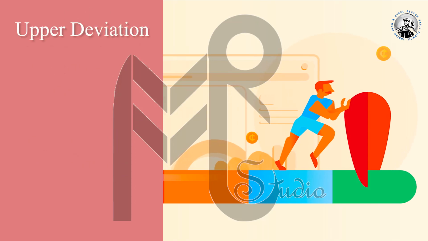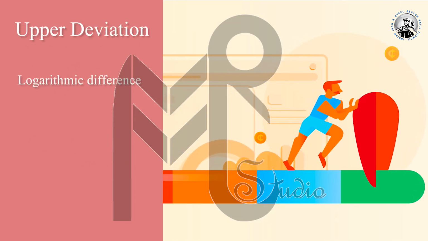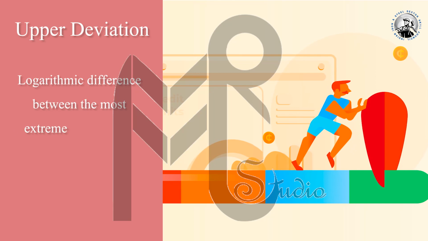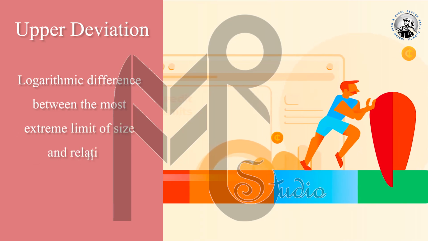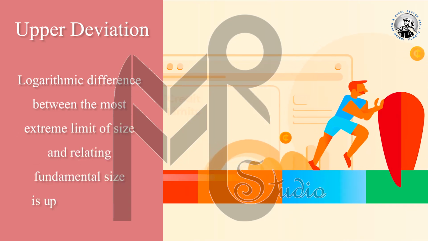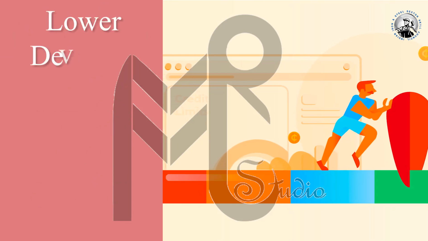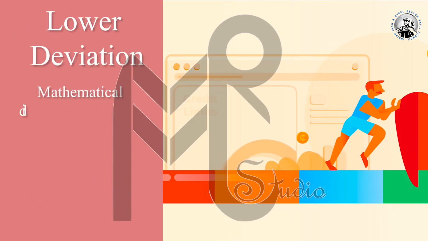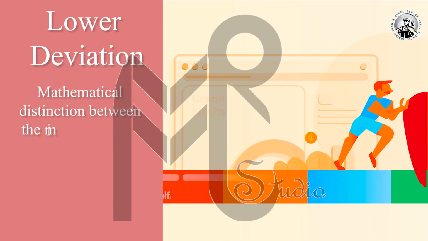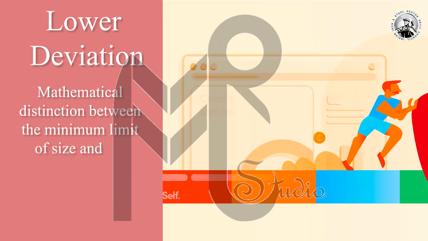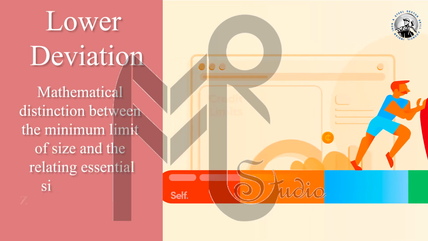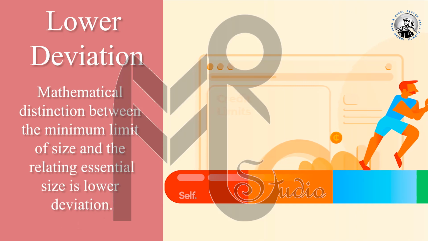Upper deviation, the algebraic difference between the maximum limit of size and the corresponding basic size is upper deviation. Lower deviation, the mathematical difference between the minimum limit of size and the corresponding basic size is lower deviation.